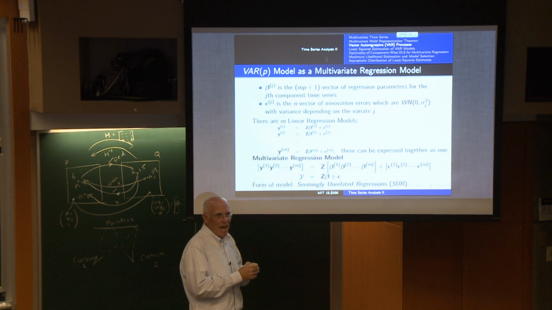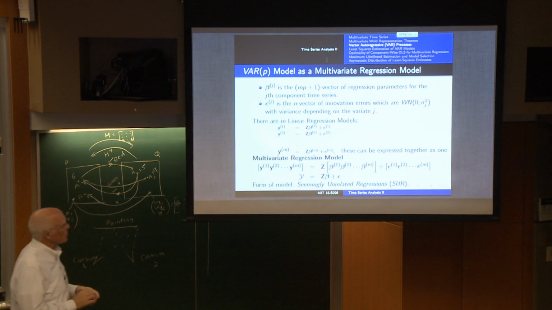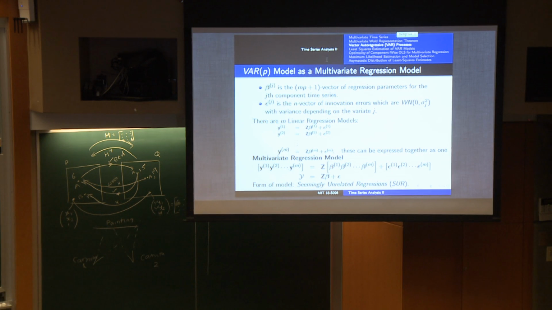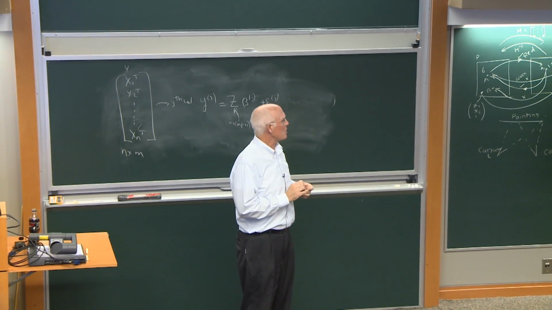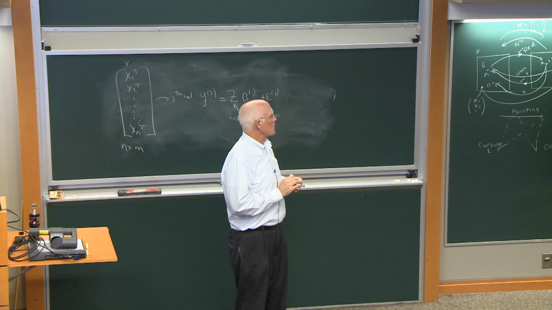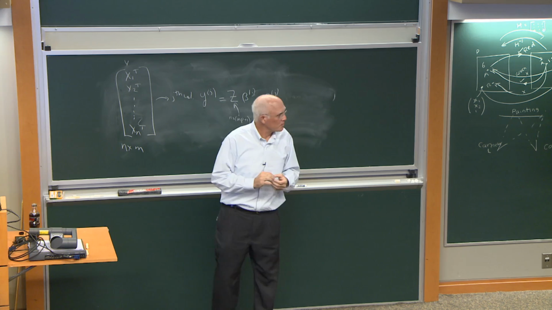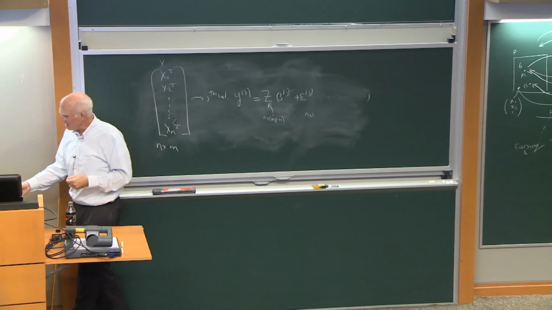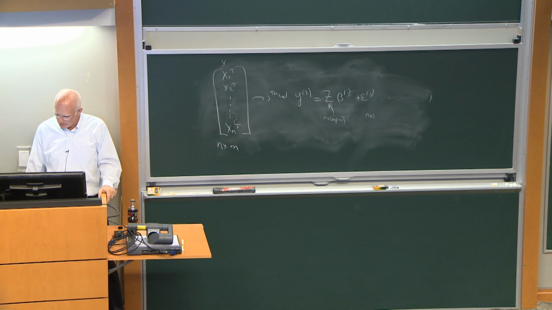So we're having lags of all the m-variate process up to p lags. So that's mp, and then plus 1 for a constant. So this is the setup for a multivariate regression model. Actually, in economic theory, this is also related to seemingly unrelated regressions, which you'll find in econometrics.